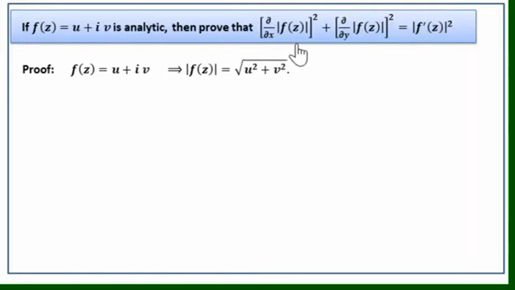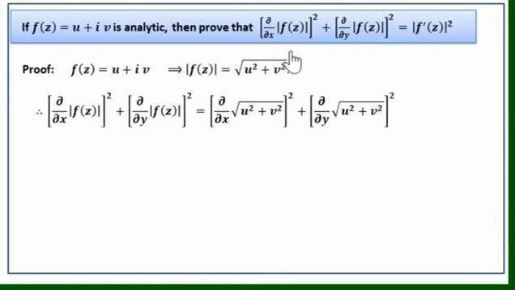So it becomes dou by dou x of root u square plus v square whole square plus dou by dou y of root u square plus v square whole square. Next, simplify the left hand side and get the right hand side of the required result. So what is dou by dou x of root u square plus v square?